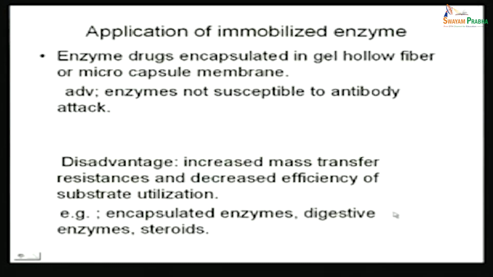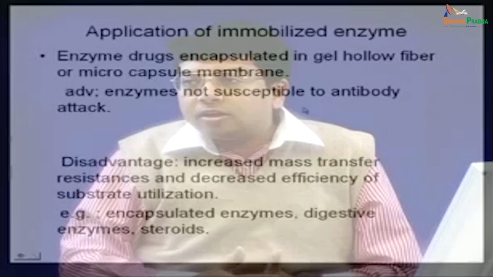So what we'll try and understand first is what these resistances are. One of the things that you understand is that the basic kinetics of enzyme reaction still remains the Michaelis-Menten kinetics, which is what we studied. But because of mass transfer resistances, the kinetics that you see now is going to be the observed kinetics.